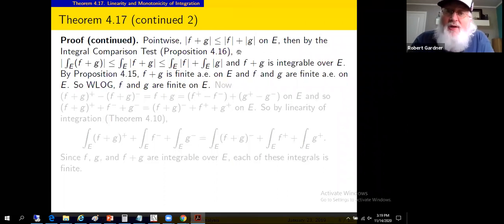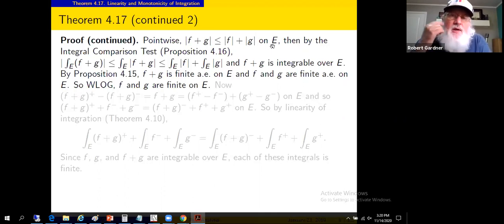That's the triangle inequality for real numbers applied pointwise to these functions on E. So you can plug all the x's in there and say for x in E if you like. That's just the triangle inequality for real numbers.